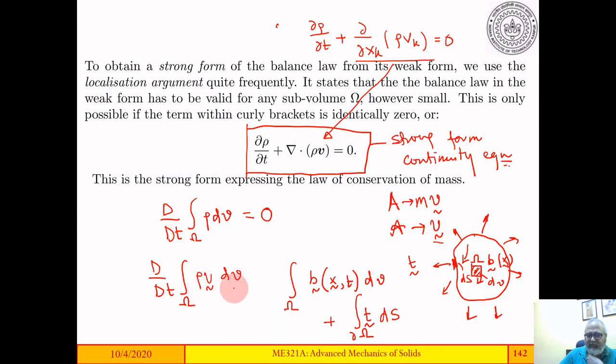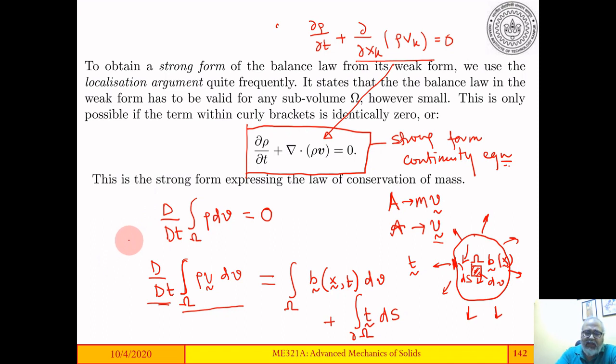So this is specific momentum times dV integrated over the whole volume omega, and the rate of change of that is the rate of change of the total momentum, which has to be equal to the total forces applied. This is my statement of Newton's second law, which embodies the law of conservation of linear momentum.